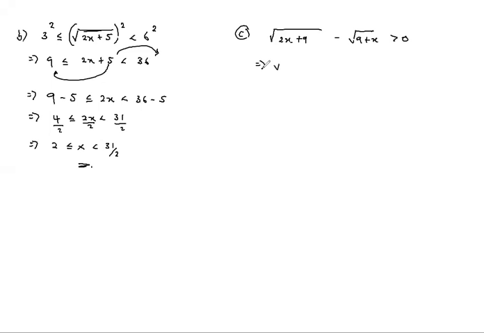So you say 2x plus 9 greater than 9 plus x. You square, 2x plus 9 greater than 9 plus x, so that you get x greater than 0. That would be a solution.